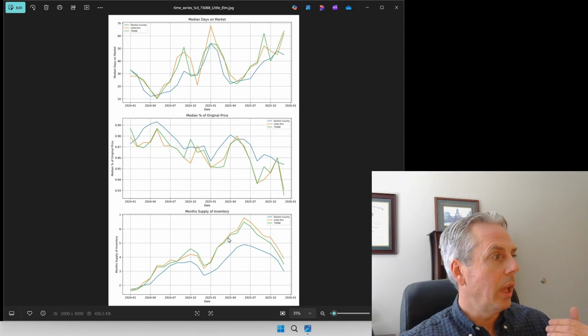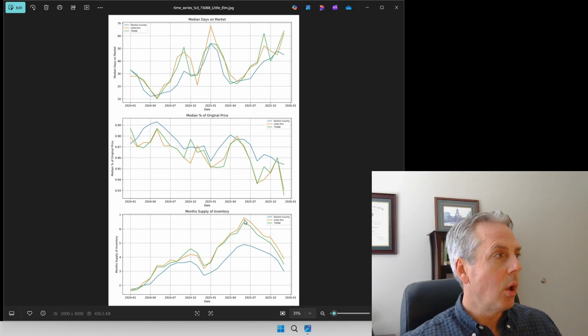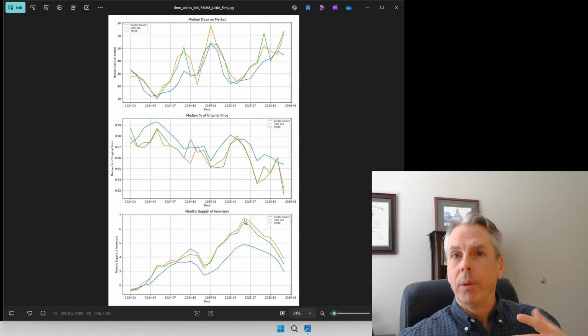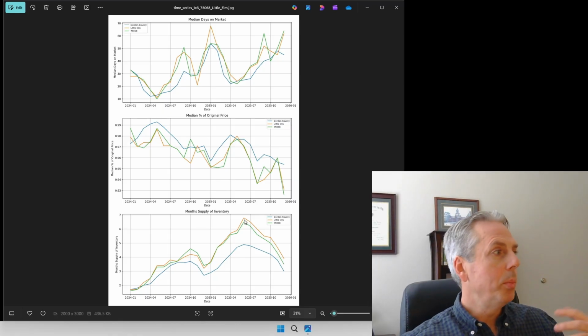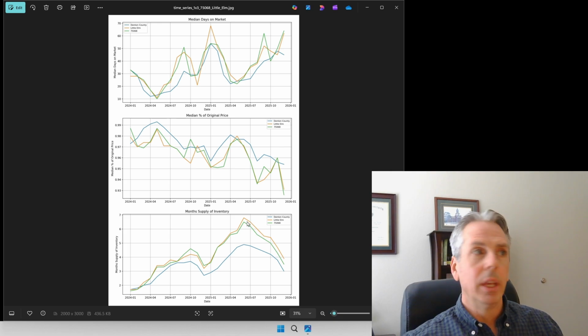And so as the inventory continues to rise and hits this peak, what happens? Houses have been sitting on the market longer. There's more competition, so people begin to discount.